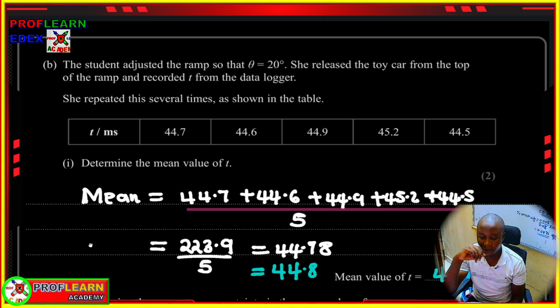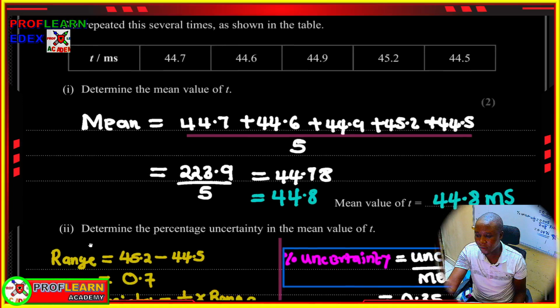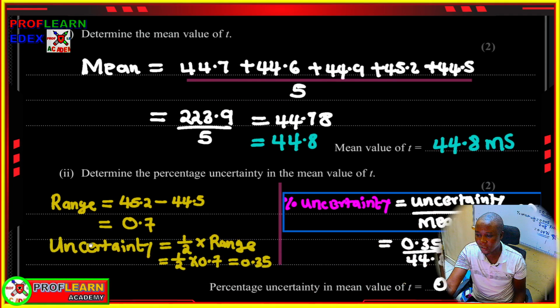Remember, the mean is the sum of all the data values divided by the number of measurements. In this case, we have 223.9 divided by 5, which translates to 44.8.